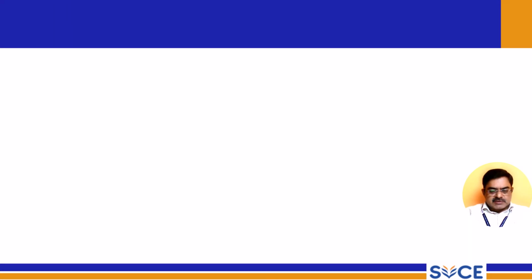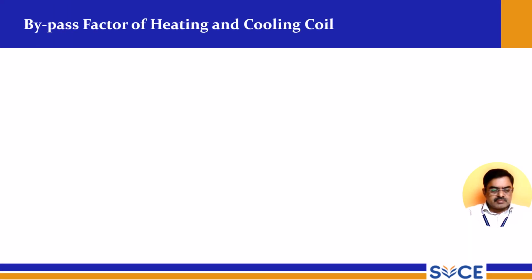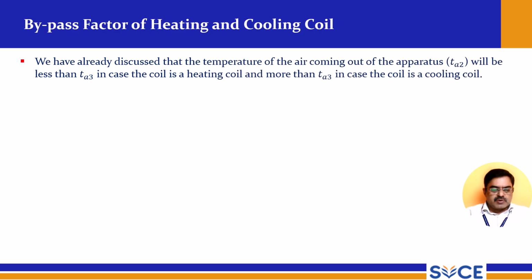So, bypass factor of heating and cooling coil. We have already discussed that the temperature of air coming out of the apparatus, Ta2, will be less than Ta3 in case the coil is a heating coil, and more than Ta3 in case the coil is a cooling coil. That's what we have seen in both cases.